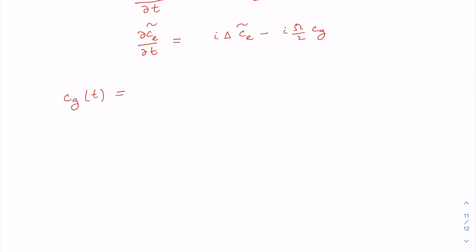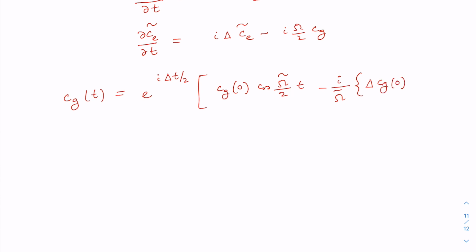C_g(t) would be equal to e^(iΔt/2) [C_g(0) cos(Ω̃t/2) - i(Δ/Ω̃) C_g(0) + Ω C̃_e(t=0) sin(Ω̃t/2)]. I will define what Ω̃ is here.